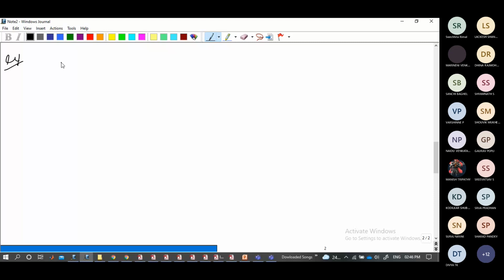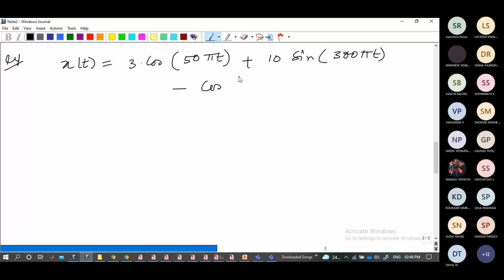Suppose you are given x(t) as 3 cos of 50 pi t plus 10 sine of 300 pi t minus cos of 100 pi t. Suppose this is the analog signal given to you. The question is, calculate the Nyquist rate and the Nyquist interval.